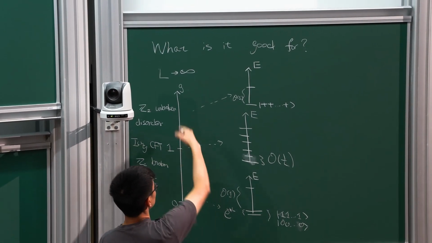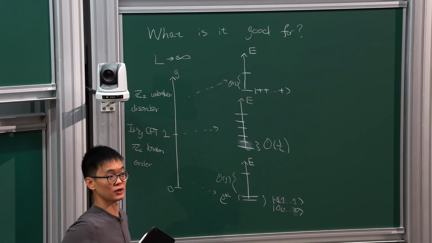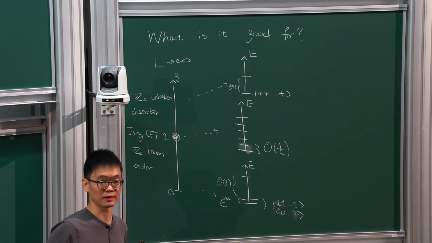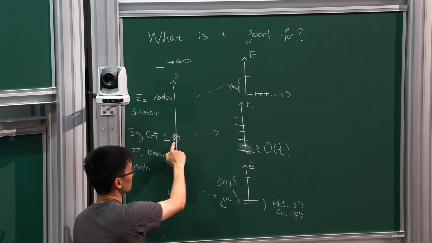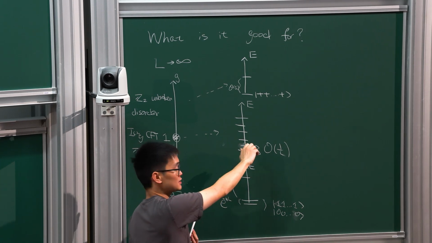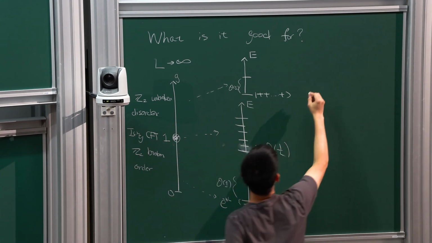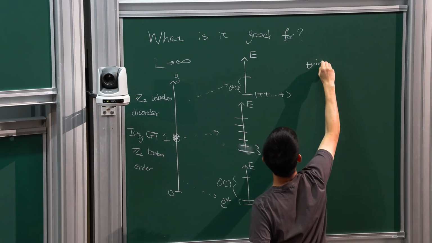If you only look at the ordinary transverse field Ising model, you only have the non-invertible symmetry at g equals 1. And right at this point, you have a non-trivial spectrum. This is not a trivially gapped phase, right? It's a gapless spectrum. This is what we would call the trivially gapped phase.